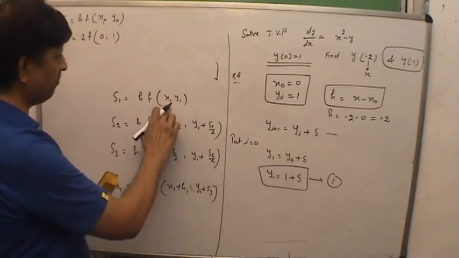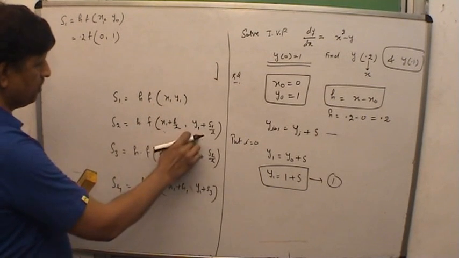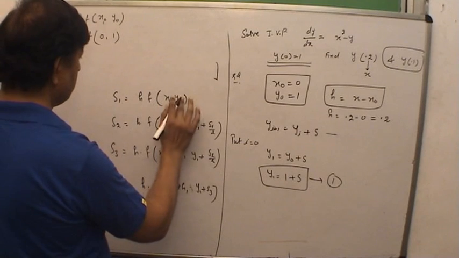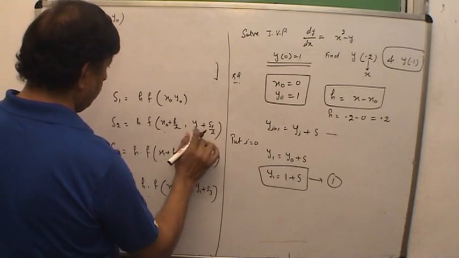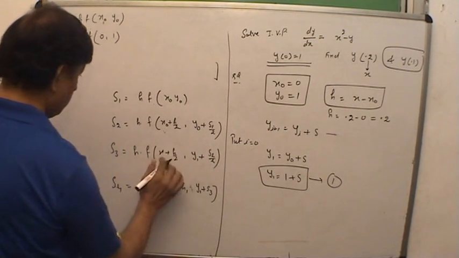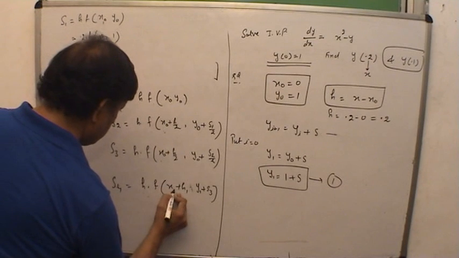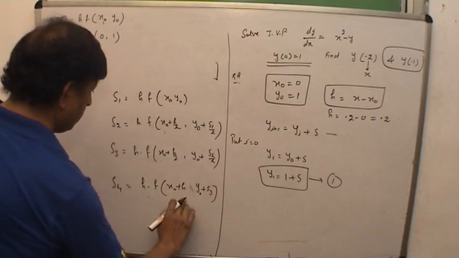If we start with i equal to 1, they are x1 and y1; if we start with 0, they may be 0, there is no difference.